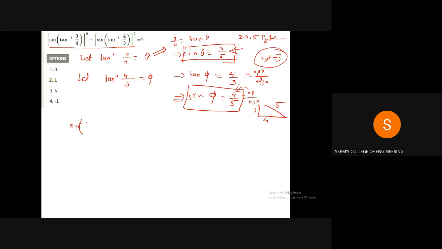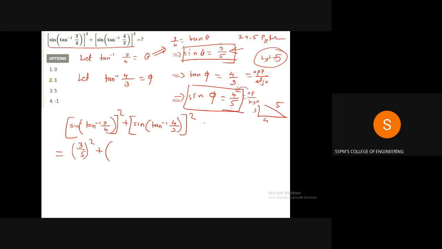Sine of tan inverse 3 by 4 whole square plus sine of tan inverse 4 by 3 whole square. Now we will use the calculated values here. Sine of tan inverse 3 by 4 is equal to 3 by 5, so 3 by 5 square plus, what is sine of phi?